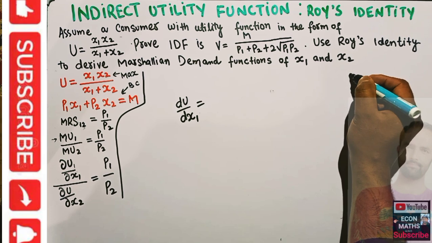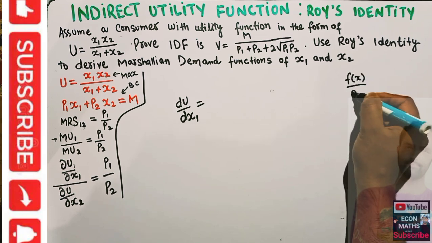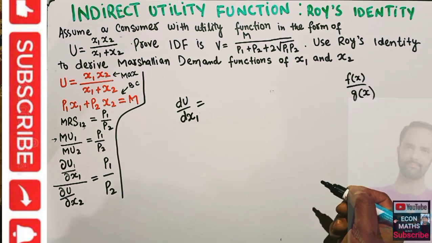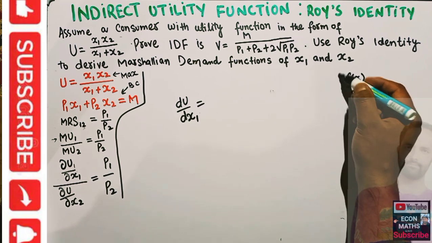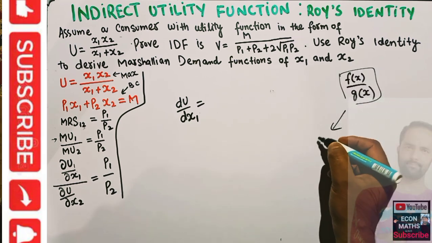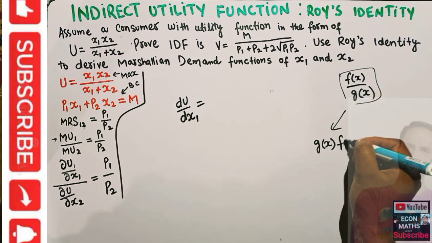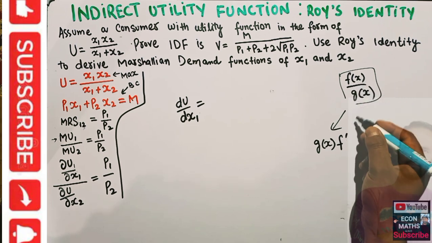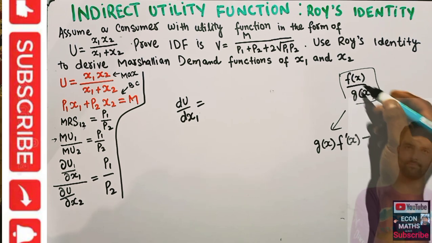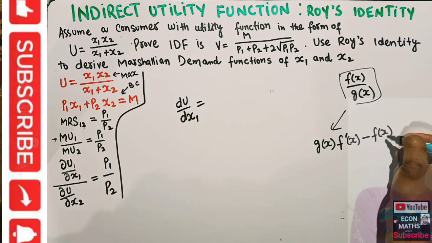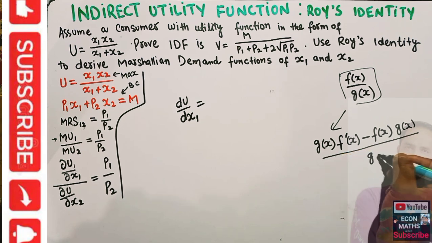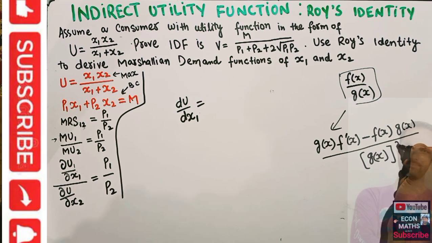If we are given f of x over g of x, to take the derivative we first write g of x times the derivative of f, that is f dash x, minus f x times the derivative of g x, divided by g x whole square. This is the rule which we will use here.